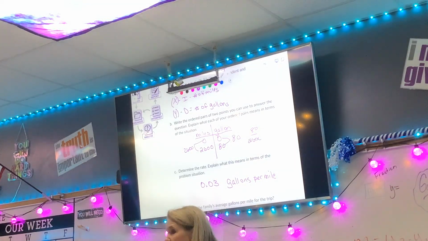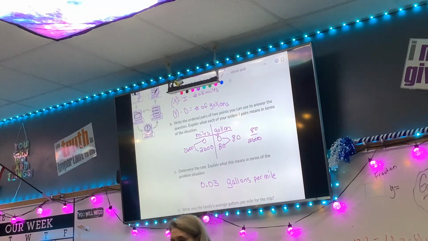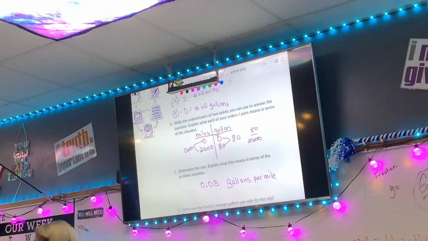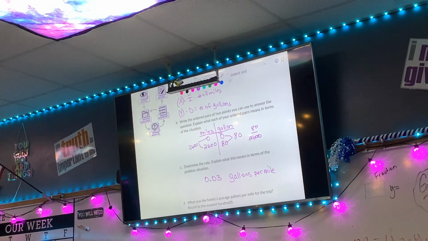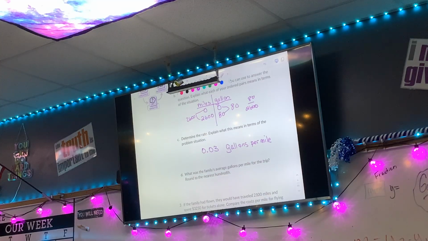Your change in Y over change in X. Right then and there, I know my answer's got to be less than 1, right? And that actually goes down here also.